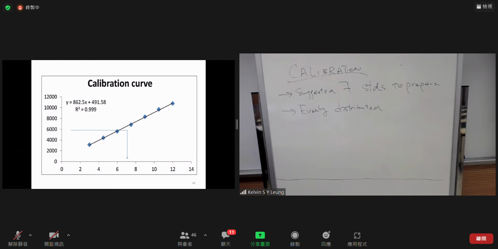So you will have the R square and also the y-intercept and slope, okay, to give you some of the information for you to calculate your sample's concentration according to the established calibration curve by your 7 standards, okay?